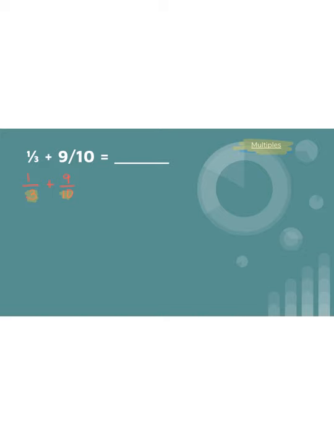Okay, so with those multiples, first we're going to find the multiples of the smallest denominator and see, is that bigger denominator in this or not? Okay, so first I'm going to find the multiples of 3.